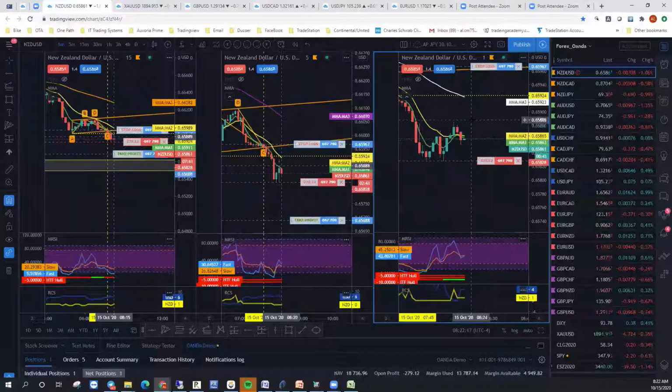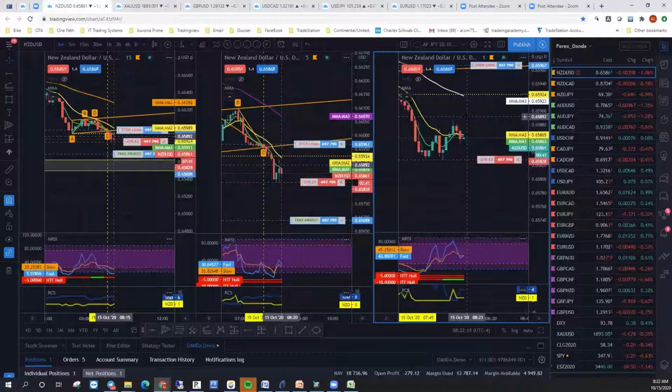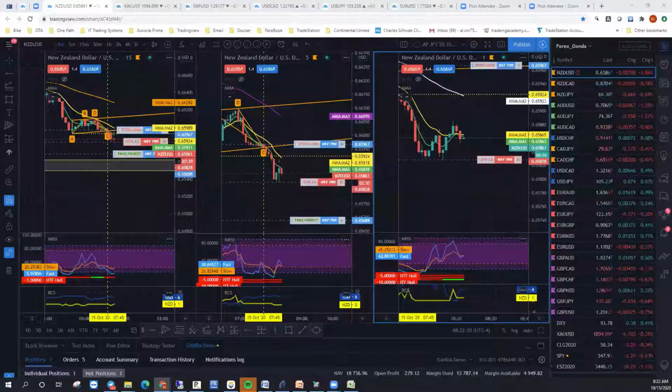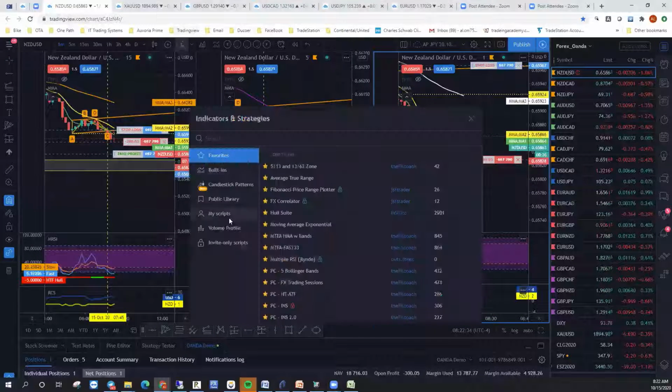I'm pretty sure I added that one. Yeah, you're already added, so you're not going to find it. You need to find it in the invite only section. It's not part of the regular ones.